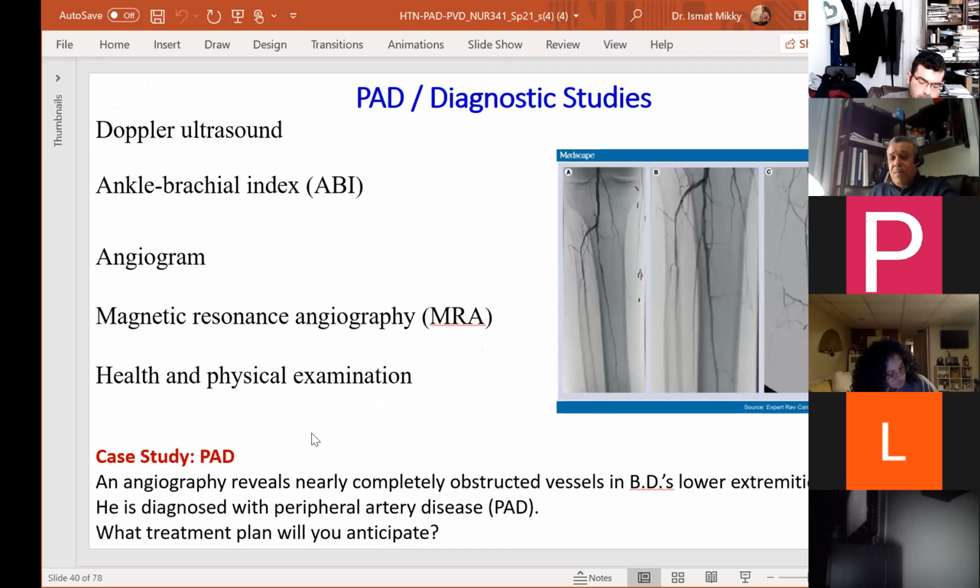It would also take longer to heal because of the lack of perfusion. Right, healing will take longer because of decreased perfusion.